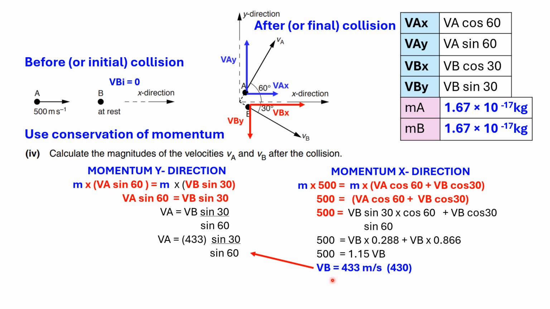Now, substitute 433 meters per second, which is the value of VB, into the expression for VA. Now do your calculations, and we have the value of VA, which is 250 meters per second.